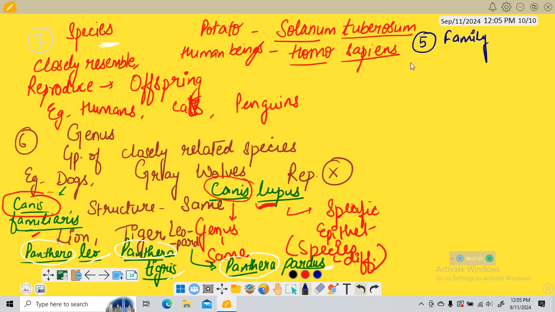Okay, then here I'll take the example of Panthera: lion is there, tiger, leopard, same examples which I've taken in genus. So now here I will add cats also.